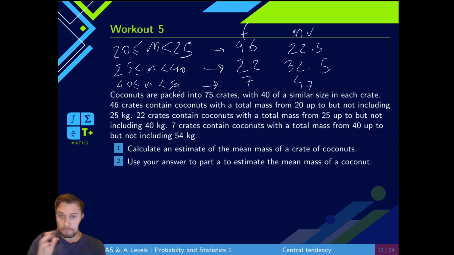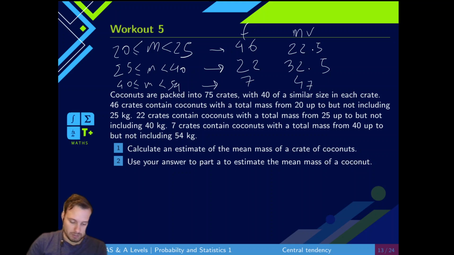So essentially, the mean mass is going to be 22.5 times 46 plus 32.5 times 22 plus 47 times 7, divided over 46 plus 22 plus 7, that we know is 75.